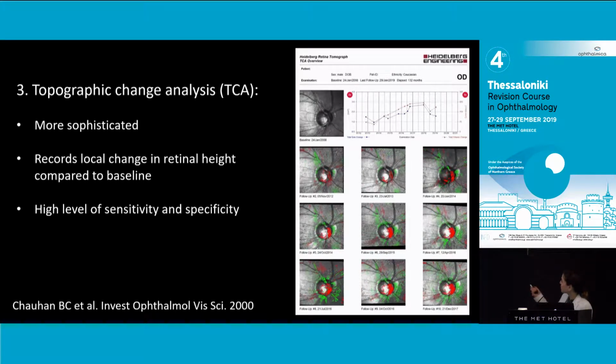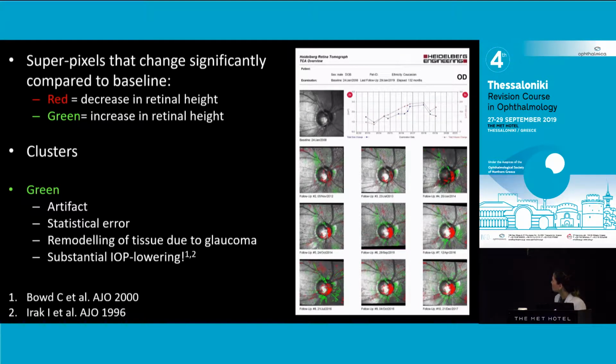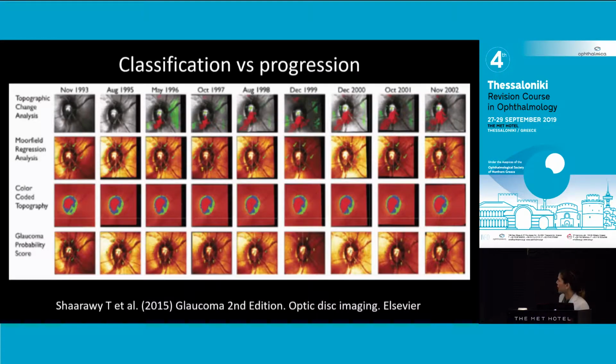Here is a very nice real example of a disc getting worse and how the rim is gradually getting thinner, which is why you get this red area. Counterintuitively, in the HRT, when the graphs are going up, the patient is getting worse. And you may get a lot of green color as well, but that's most of the time artifacts.